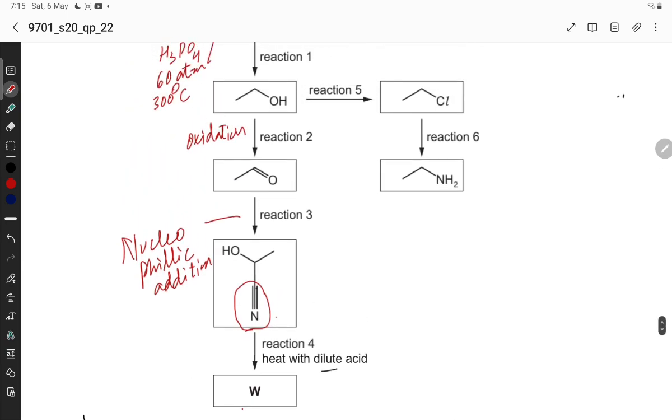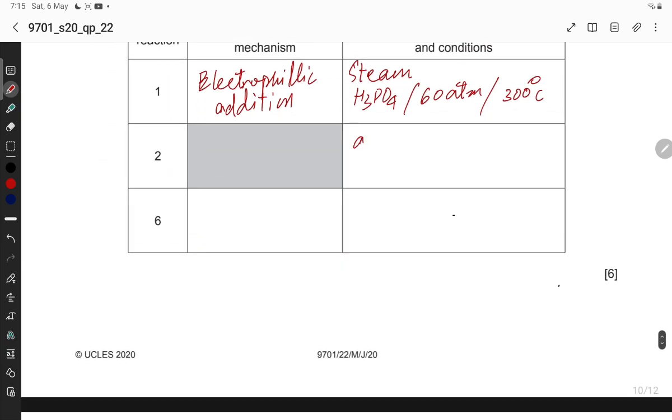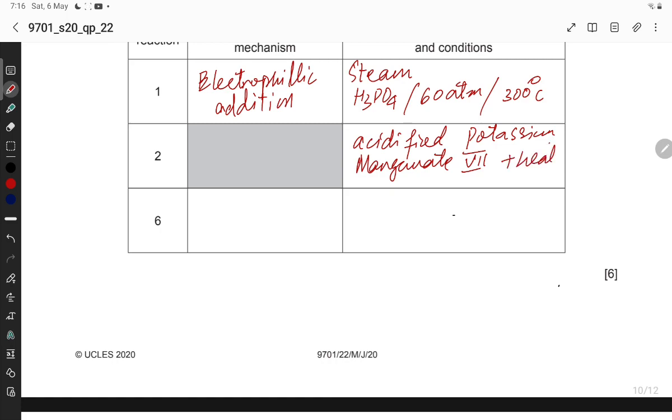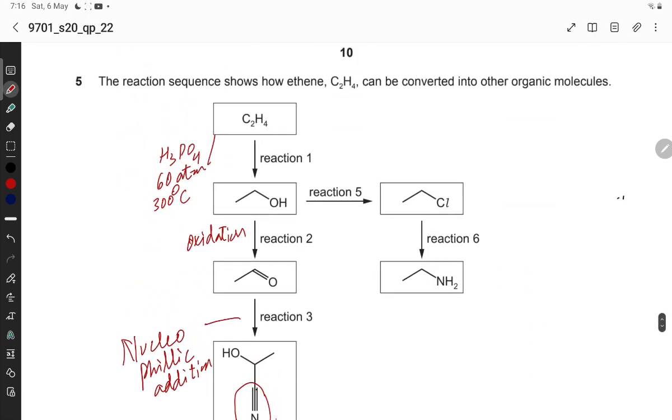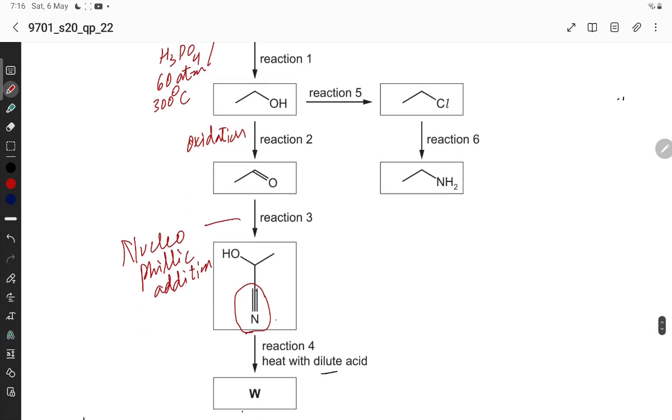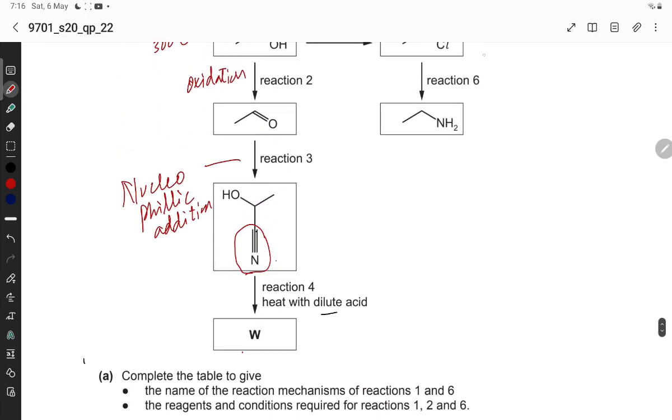So reaction 2 is oxidation, with acidified potassium dichromate or potassium manganate, plus heat. Reaction 6: this is chlorine and this is ammonia. This is nucleophilic substitution.